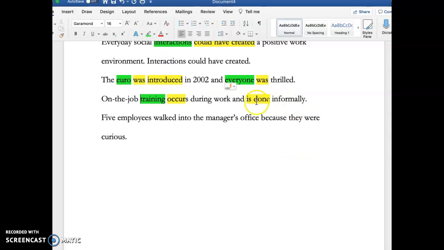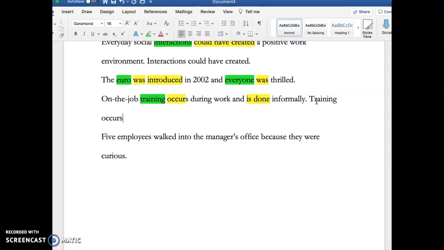Okay. And what is done? On-the-job training occurs during work, and so the subject is actually still training. So in this case, you would write training occurs and is done, right? Because this subject has two verbs. That's that compound verb.